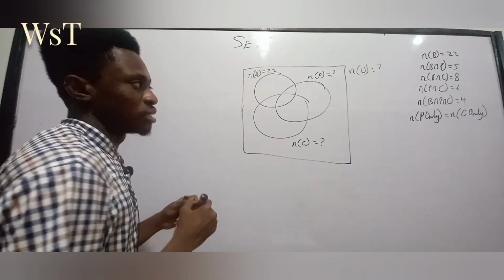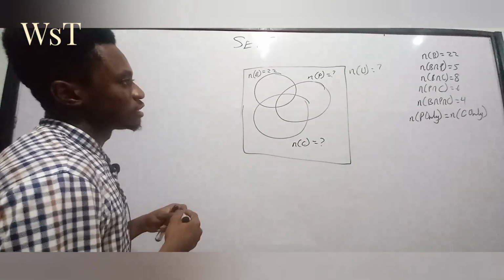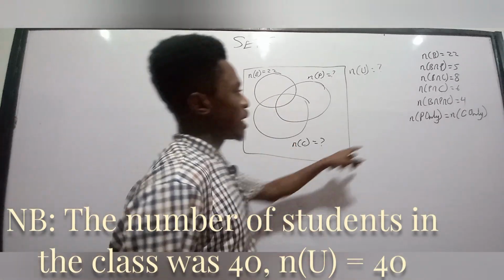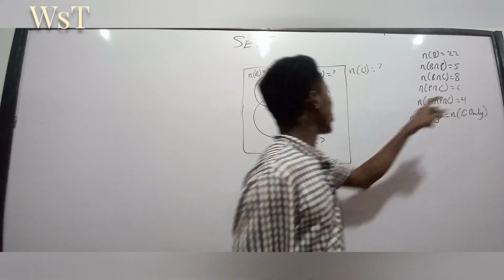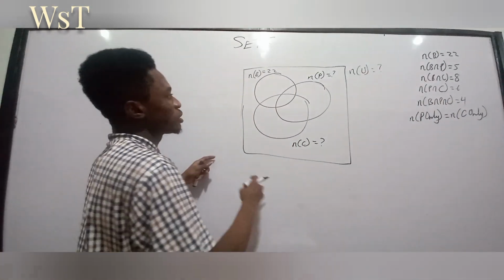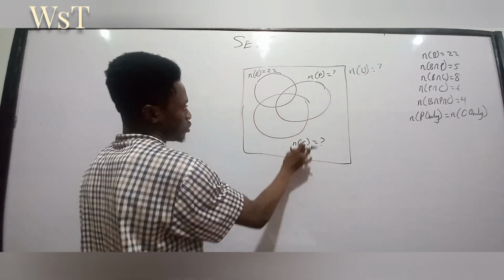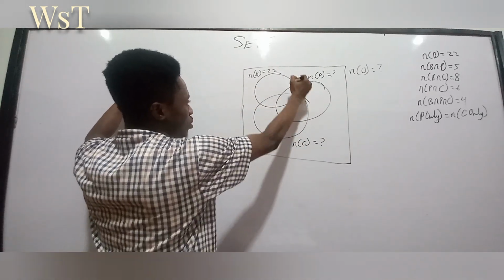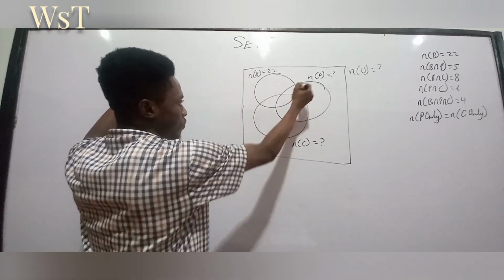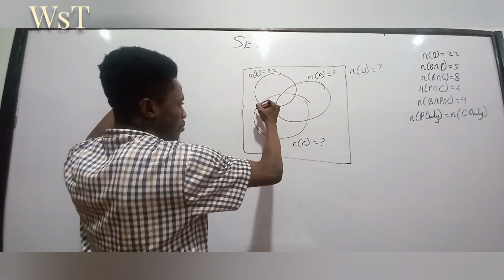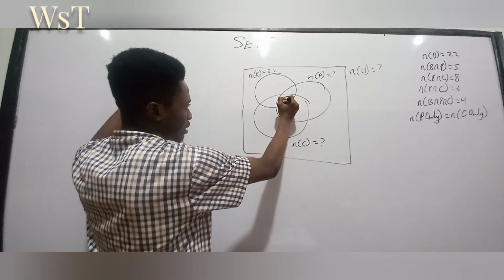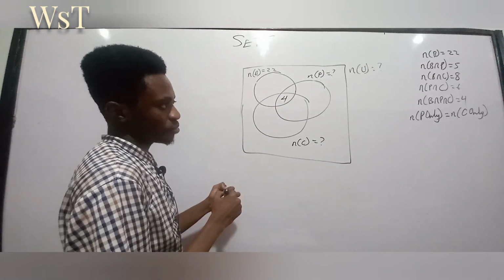That's biology, physics, and chemistry. So the number of people studying all 3 is where the 3 intersect. Biology will pass, then physics meets here, chemistry will pass here. So here is where all 3 intersect. So here will be 4.